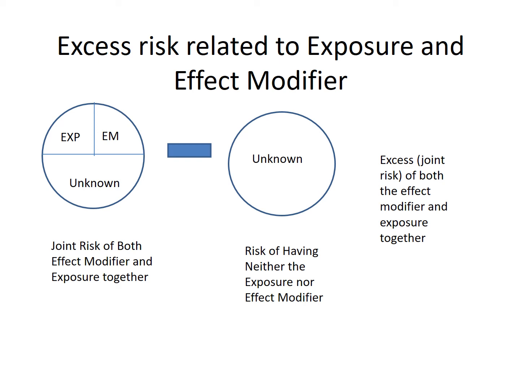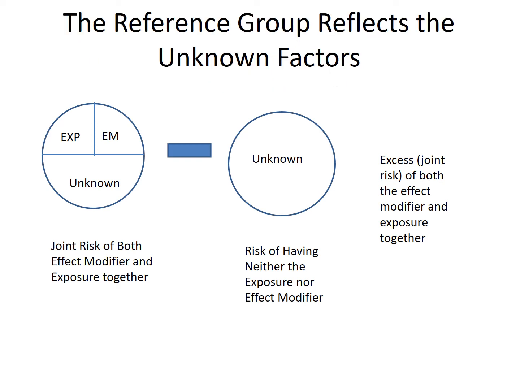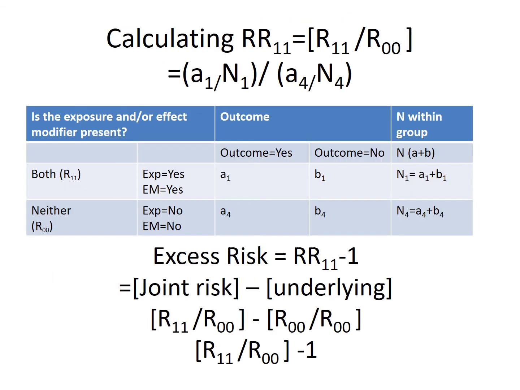So that first row, the risk 1-1, minus the unknown. So minus that 1. So that's in the formula of risk ratio 1-1 minus the 1. So that reference group, that 1 that you're subtracting, reflects the unknown factors.